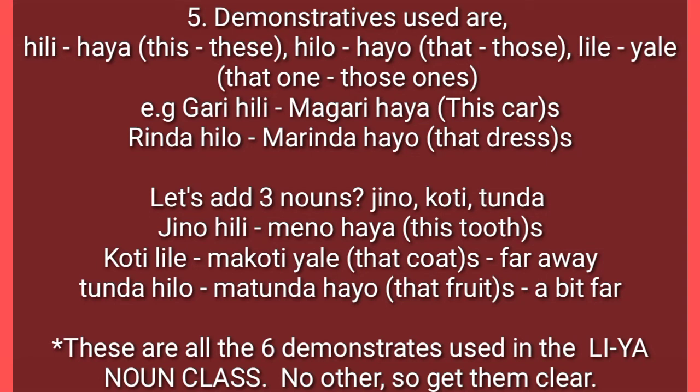Lile, yale, that one, those ones. Lile singular, yale plural. The difference between hilo and hayo, and lile and yale is that hilo and hayo is used for a distance which is a bit near, and lile and yale is used for a distance which is far away.